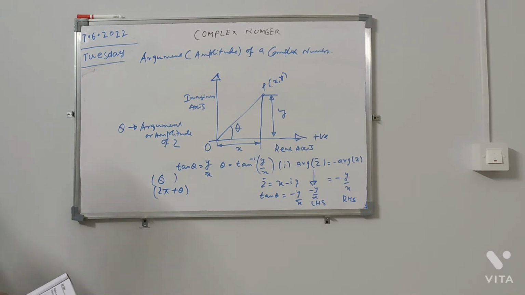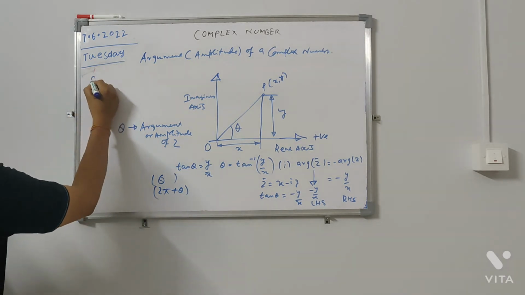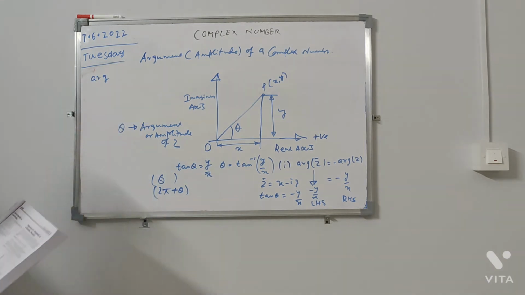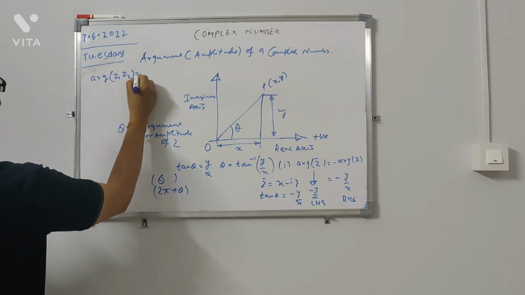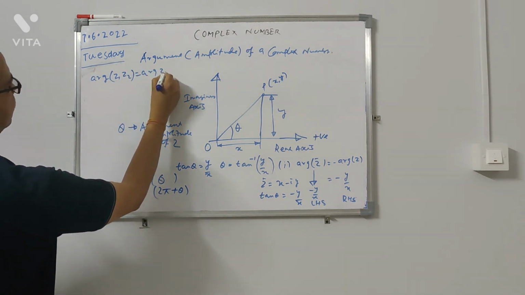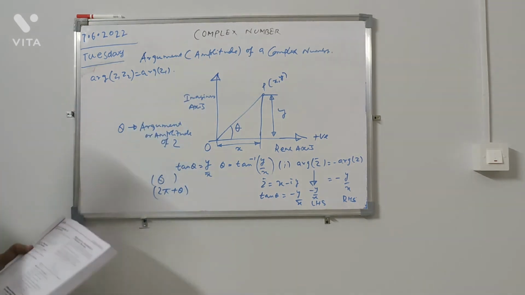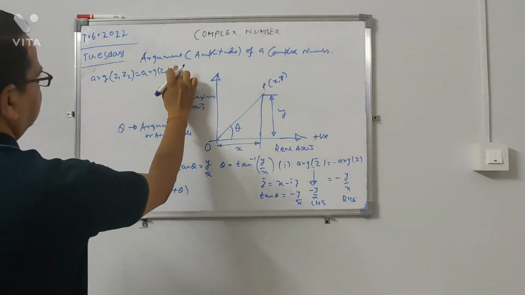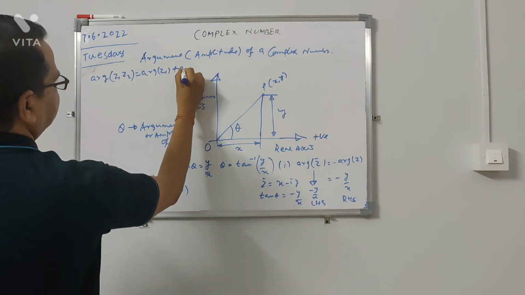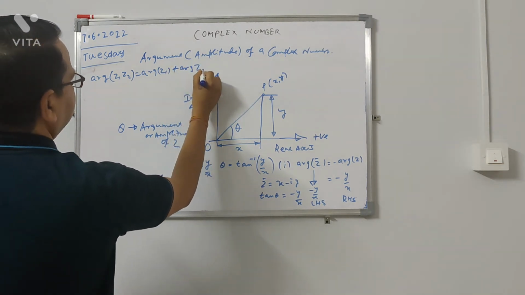And again some more interpretations. Argument of z1 z2 is equal to argument of z1 plus argument of z2. Sorry, not into, plus. That you have to remember. These are the things you have to remember.